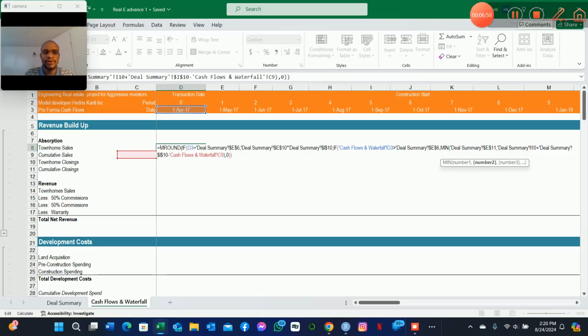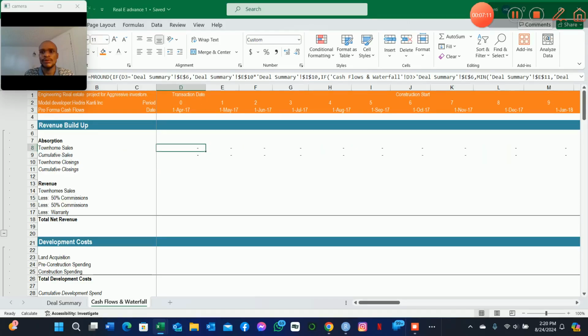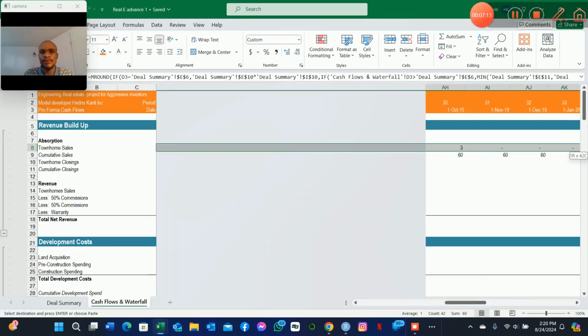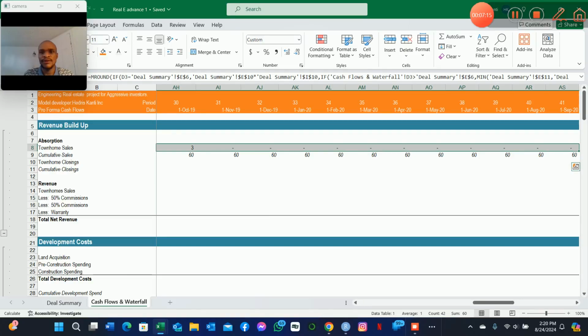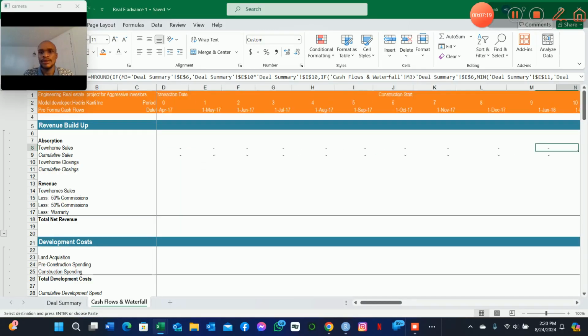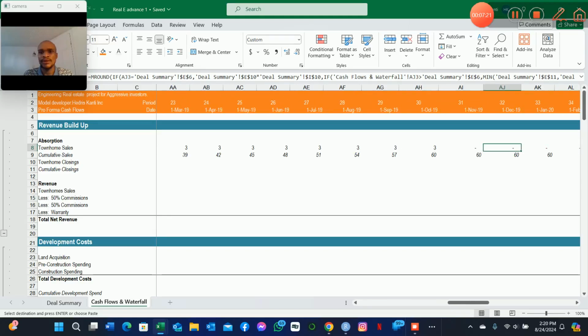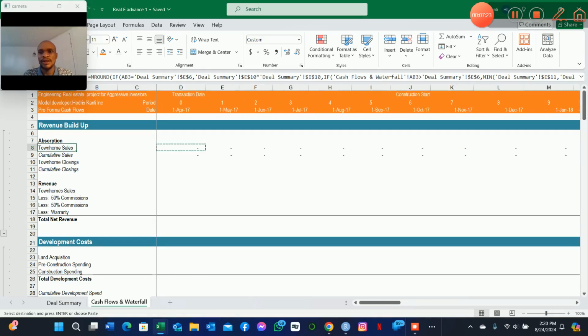We want to round everything to 1 decimal place in case we have some decimals. So we round to 1 decimal place, close the bracket and press enter. We can take this formula again and paste it to the rest of our cash flows.